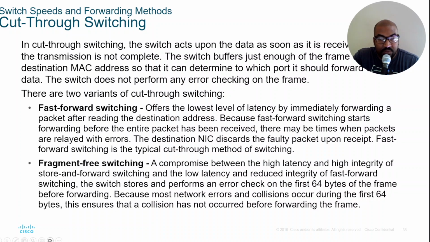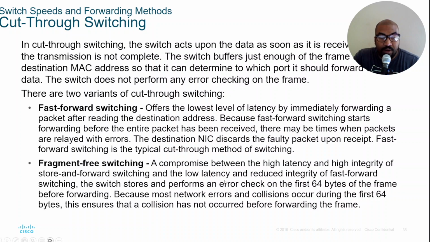We won't get into all that here because fast-forward switching starts forwarding before the entire packet has been received. The destination NIC discards the faulty packet upon receipt. Fast-forward switching is the typical cut-through method of switching. So it just makes it a lot faster, and again, we want a lot more efficiency. That's the biggest thing here.